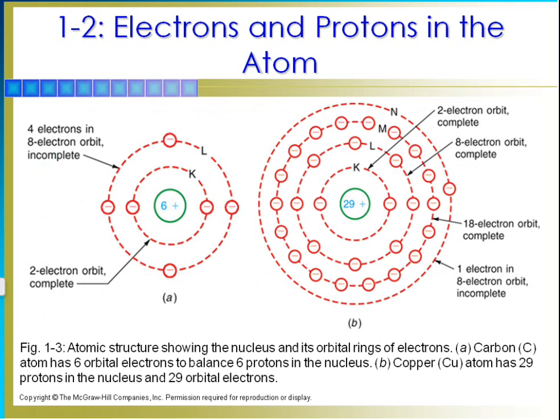So once again, out here in the copper atom, we have one lone electron. He is not tied to this atom as strongly as the 18 in this other ring here are. He can get bumped. Another electron can come in, get into this orbit, and knock him out. And he becomes a free electron.